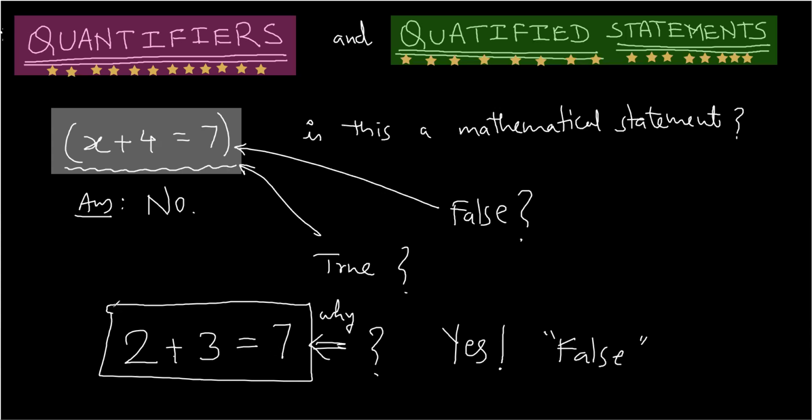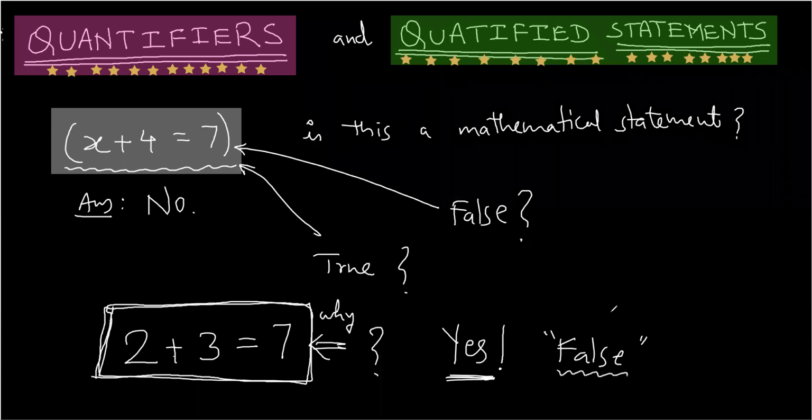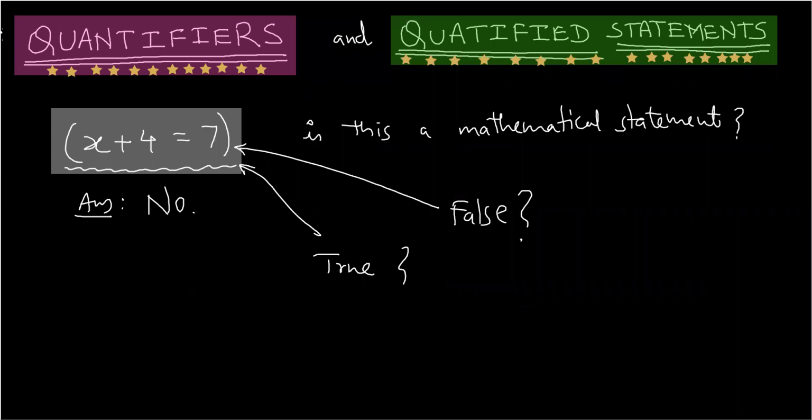It means I know that this is false. So it is a mathematical statement whose truth value is false, that is F. So what is important, my dear students? It is important that you should be able to say the truth value.